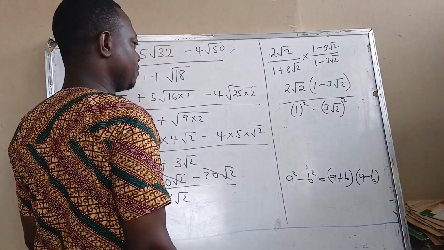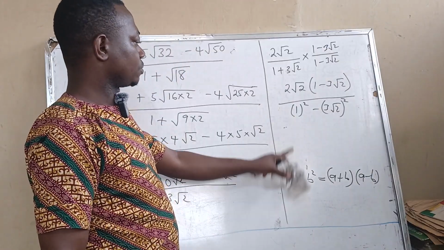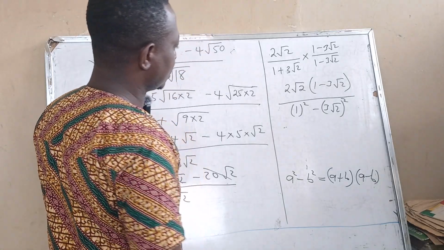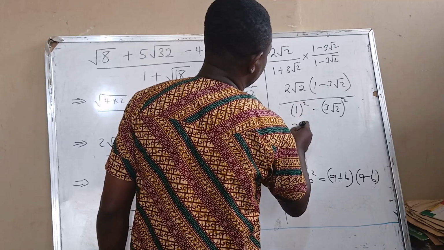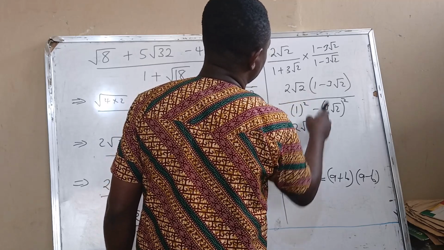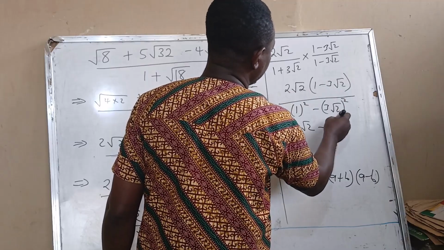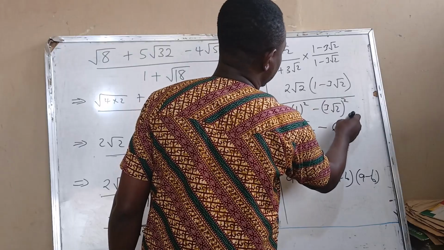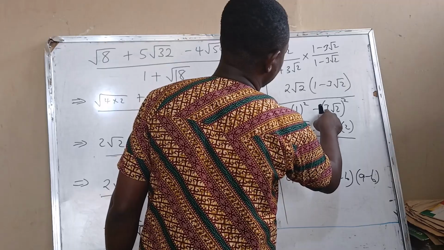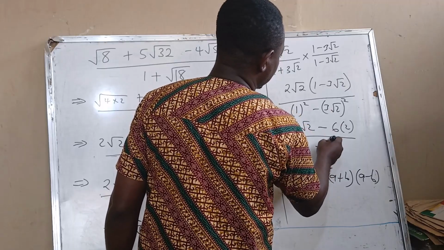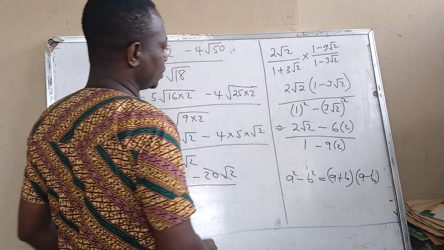I made mention of this in the previous video, so you can go back and check that. The coefficients will multiply, 2 times 3 is 6, and this one also multiplies root 2 times root 2. So we have 1 minus this one squared, 9 times 2.